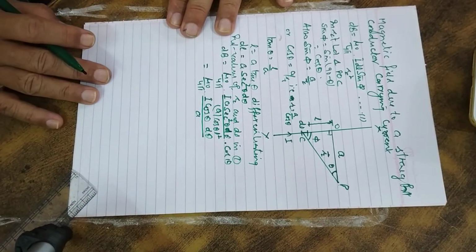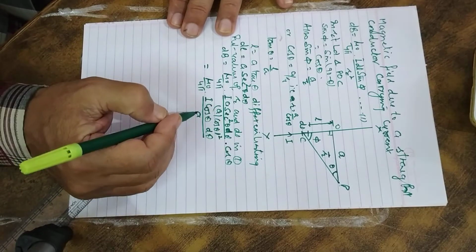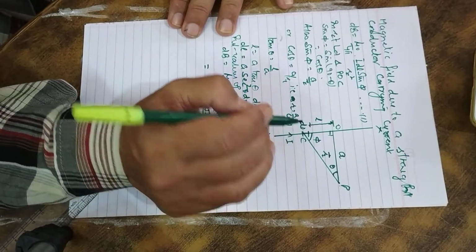Now this is magnetic field due to the small current element.